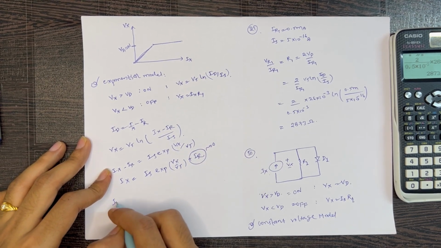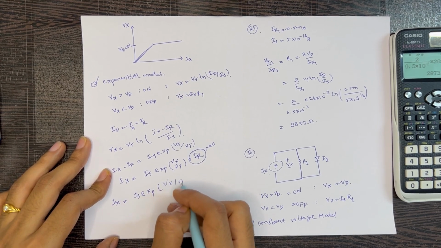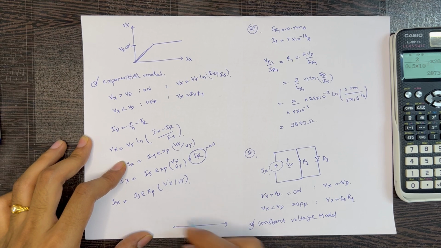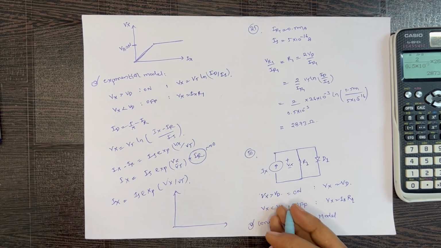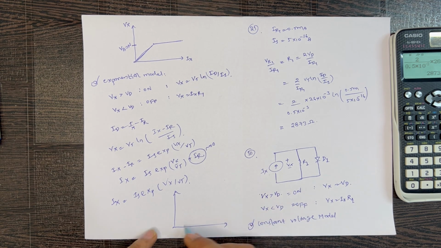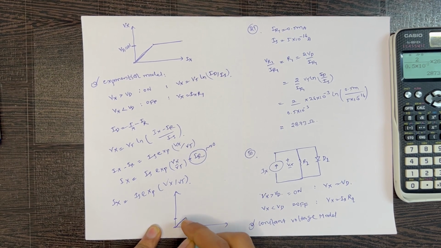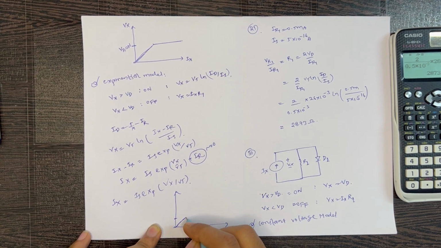So we will be left with Ix equals Is exponential of Vx by Vt. So the plot will be something like this. Until Vd on, it will be a straight line. And then it explodes.